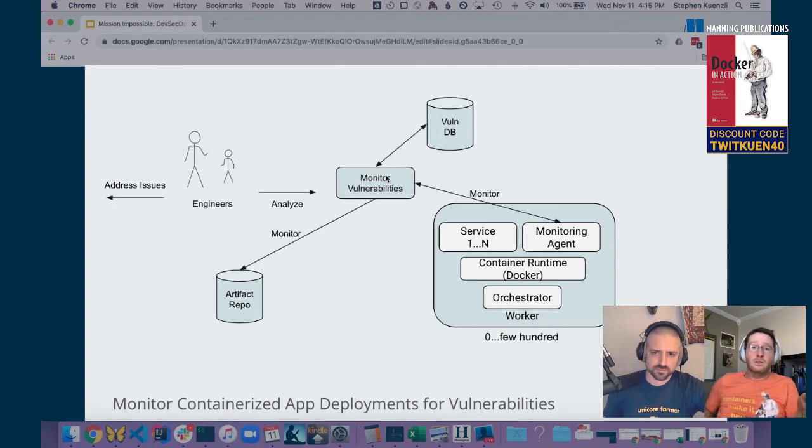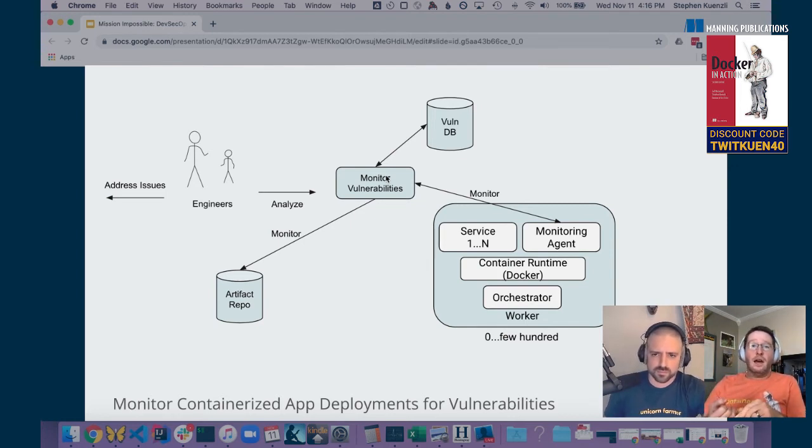So you have a Kubernetes cluster. Each of the workers would have a monitoring agent, something like the agent from Aqua or Snyk or one of those kinds of tools, and it runs alongside your services that are deployed, and it's doing a few things.